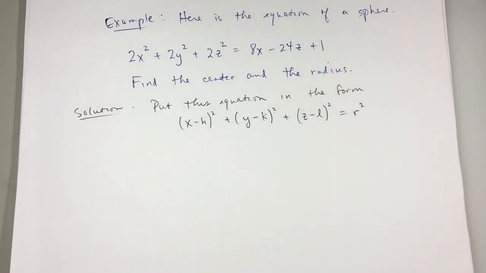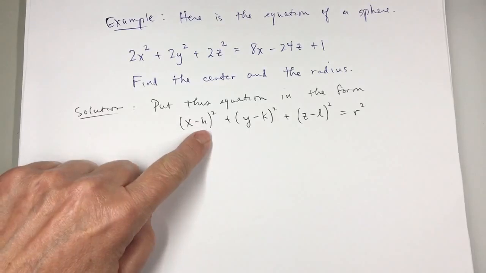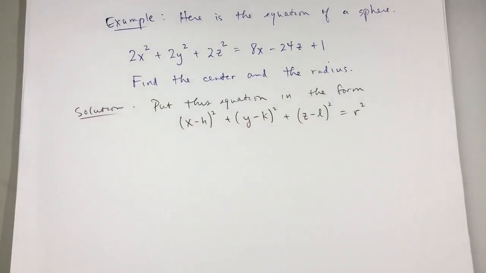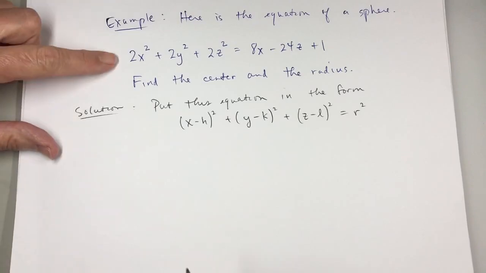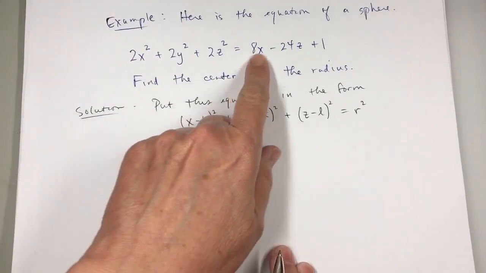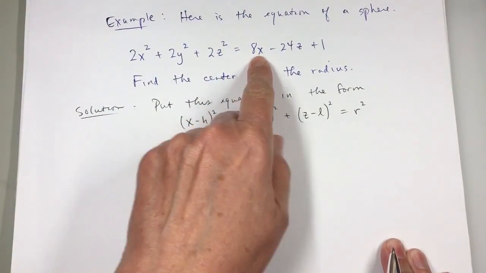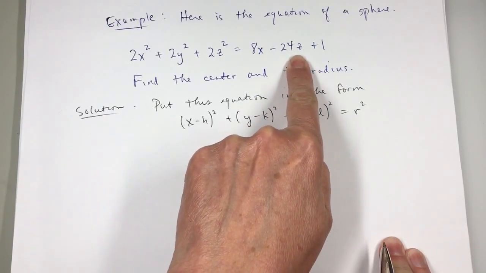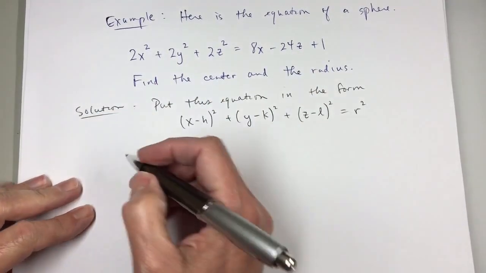If it's the equation of a sphere, that is possible. What you have to do to get this in the form where I can read the center (h, k, l) and the radius is complete the square. To complete the square, I'm going to move 8x over and 24z over.